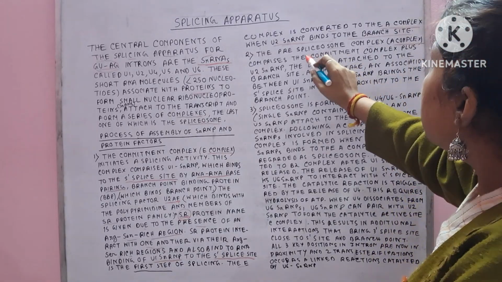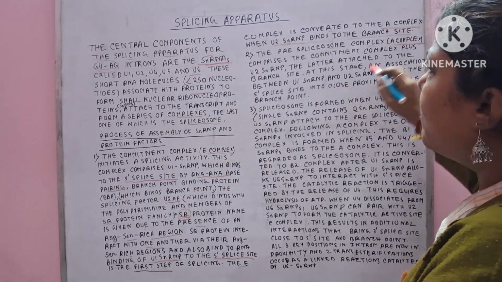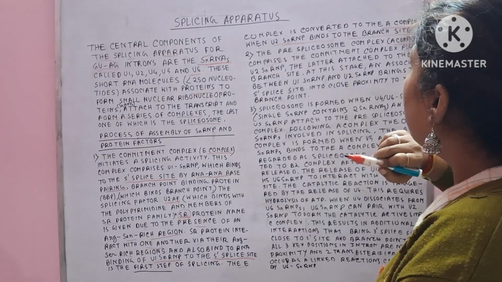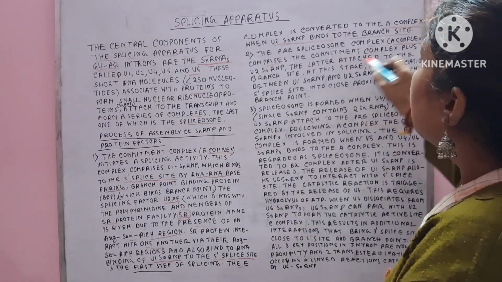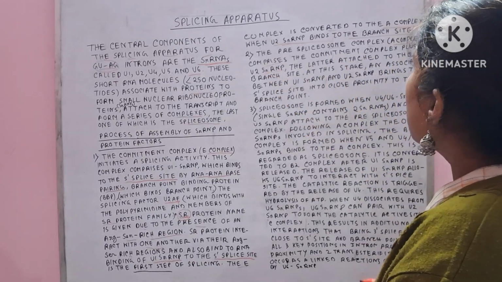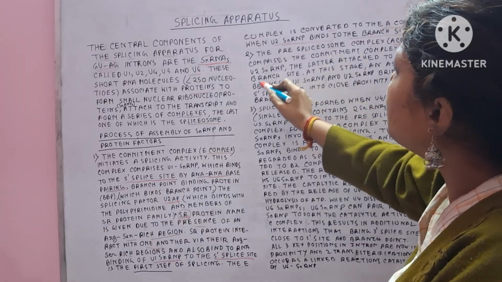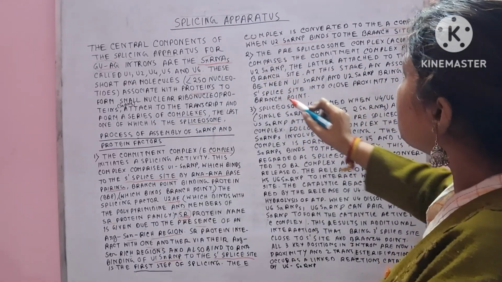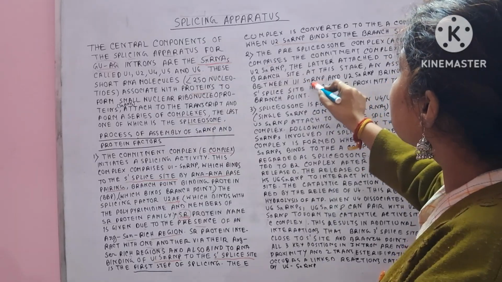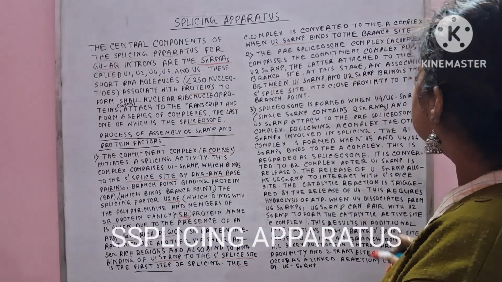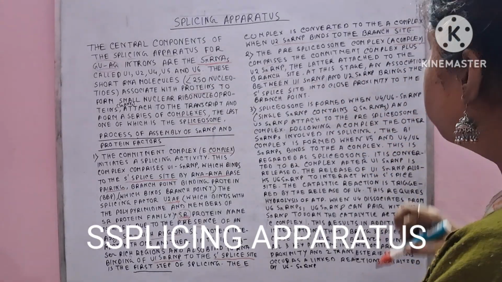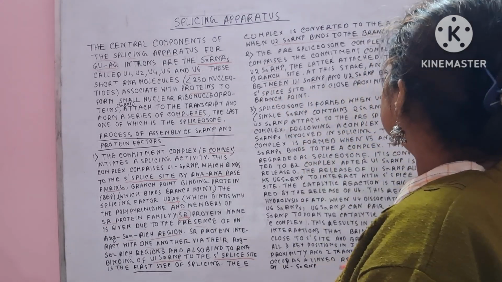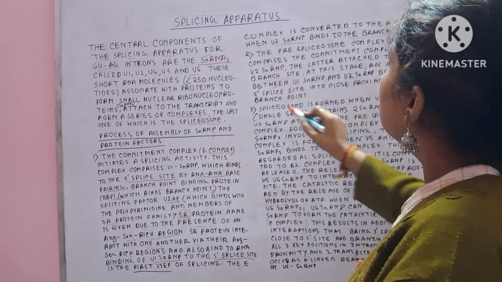Now this pre-spliceosome complex, that is the A complex, comprises U2 snRNP attached to the branch site, and at this stage an association between the U1 snRNP and U2 snRNP brings the 5' splice site into close proximity to the branch point.